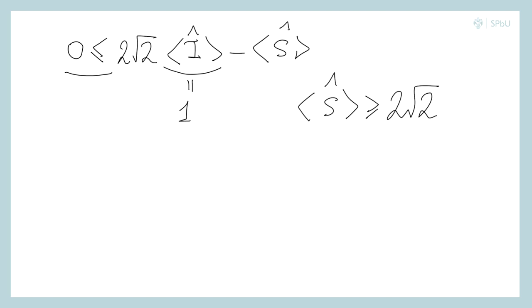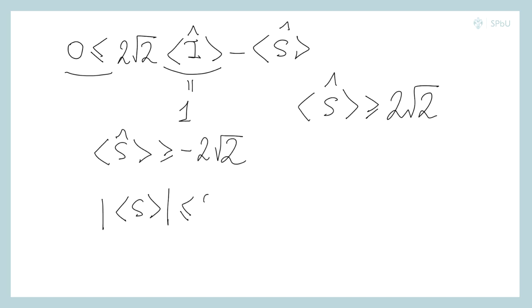Similarly, one could prove that the averaged S is more than or equal to minus 2 square roots of 2. And thus, the modulus of the averaged S is less than or equal to 2 square roots of 2. This is actually what we needed.